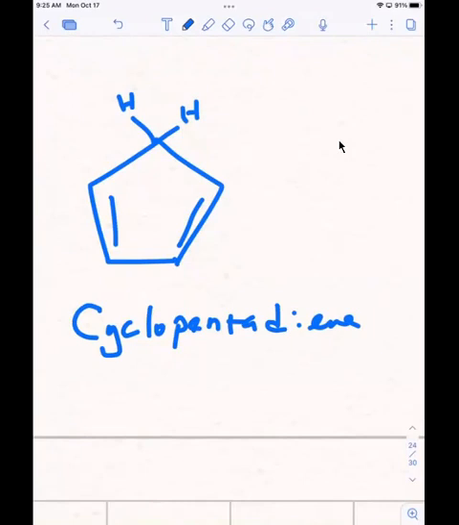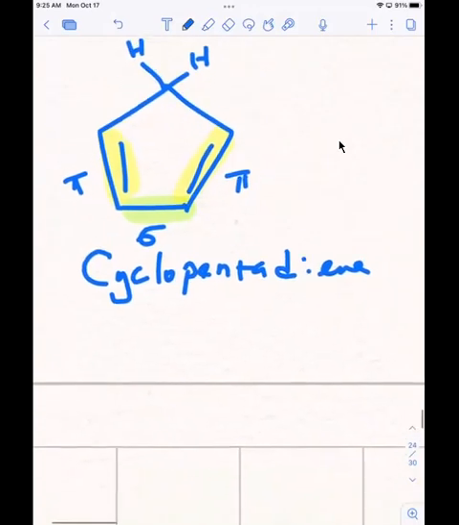Yes, it is. There's my sigma bond. It doesn't matter where you find the pattern either. It doesn't have to be in a specific order as long as the pi and sigma bonds are alternating. So that's pi, sigma, and then pi. This is conjugated.